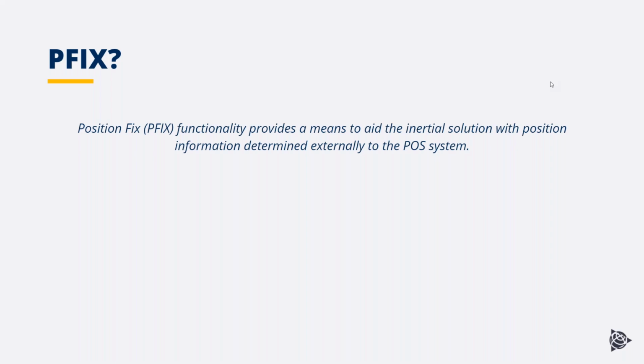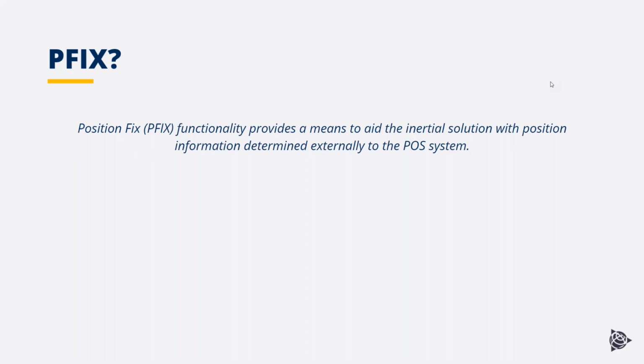In other words, we are bringing information about where our trajectory should be, which is not collected by the POS system but is determined in some other way. There could be different ways to do this, but we have our own workflow, which works with the mobile mapping systems and the point clouds. So it's a POSPac functionality, but it's also connected to our Trimble mobile mapping workflow, which you will see later.